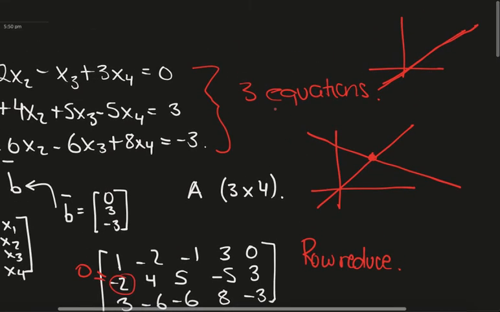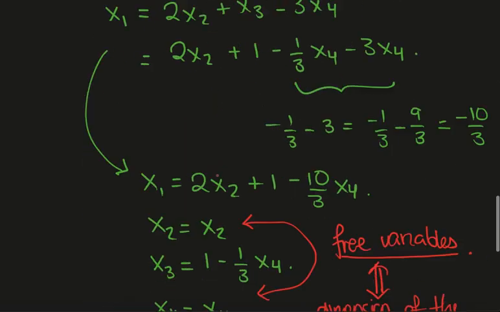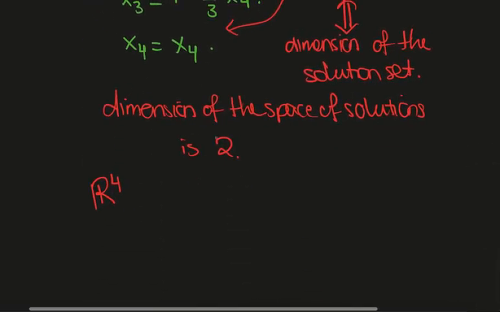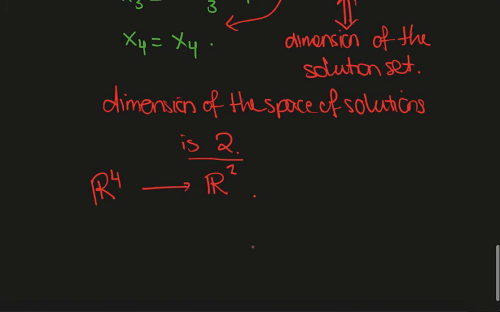So what we've determined here is that one of these equations doesn't tell us anything new, because the dimension of the space of solutions is 2. So we went from R4 to R2. We can't draw R4, but we can draw R2. It's a plane sitting inside.